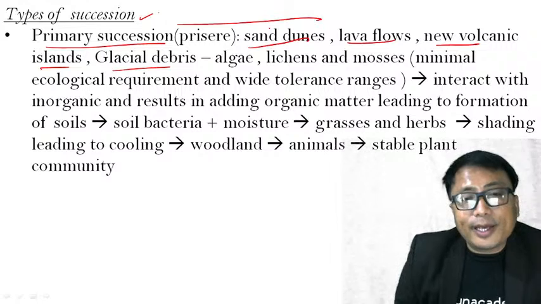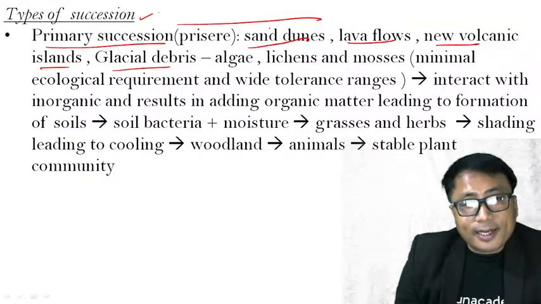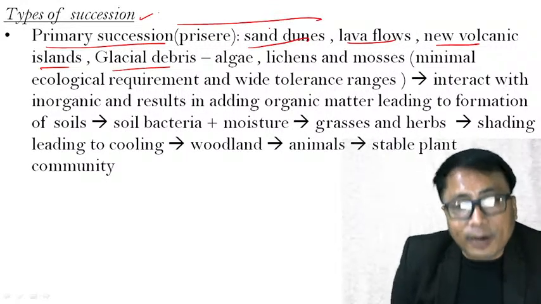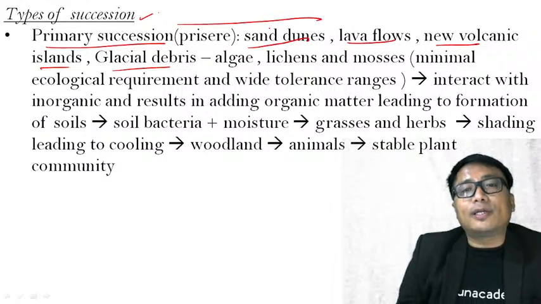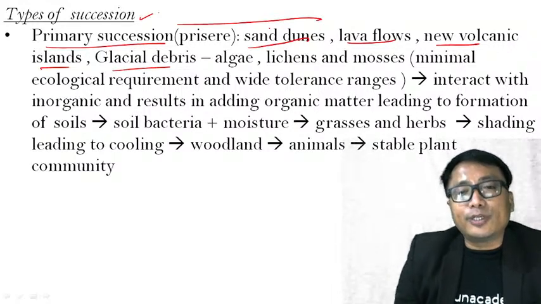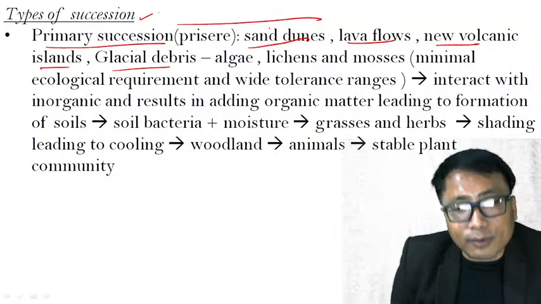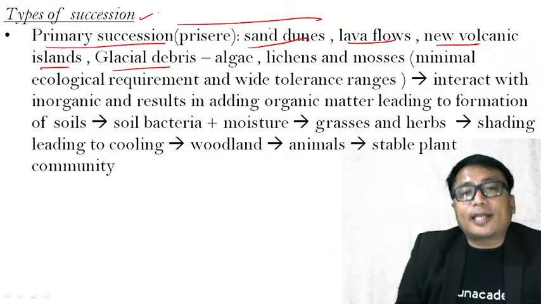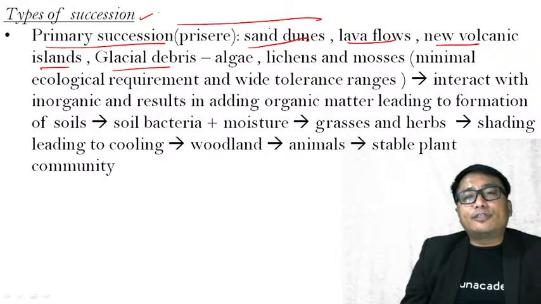Over this new area, species like algae, lichens, and mosses, which require a minimum ecological requirement and have a wide tolerance range, will be the pioneering species coming to this new location. I repeat once again, why are these algae, lichens, and mosses the pioneering species?